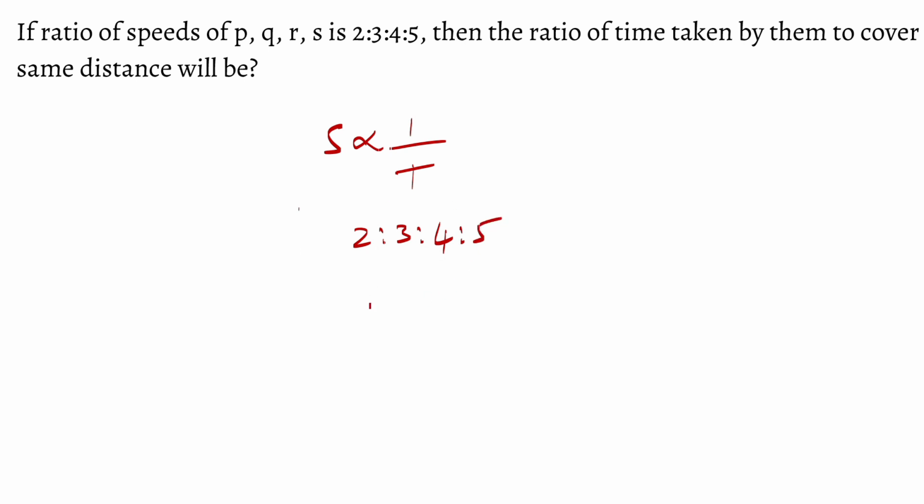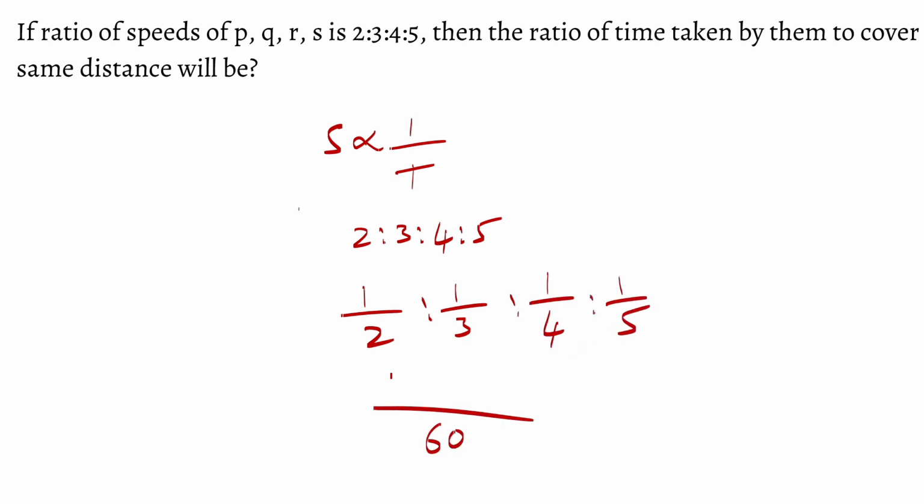As speed is inversely proportional to time, we take the inverse ratios: 1/2, 1/3, 1/4, 1/5. Take LCM, we get 60. So the ratio of time taken by them to cover the same distance will be 30:20:15:12.